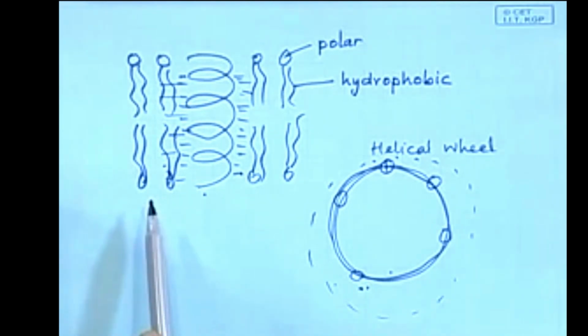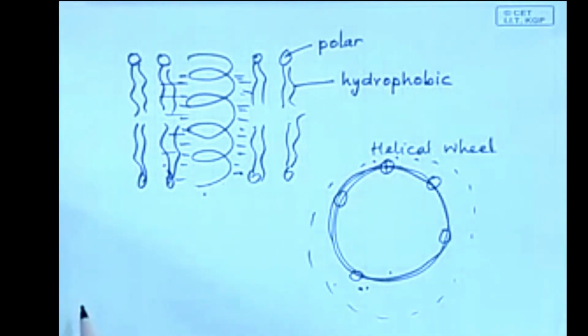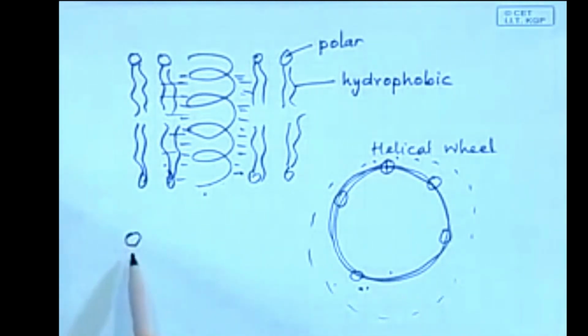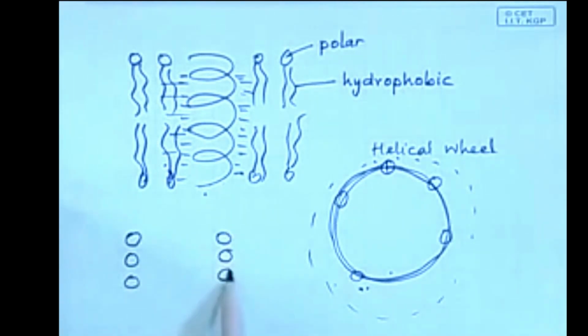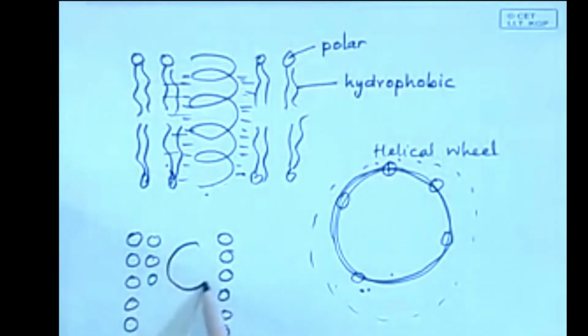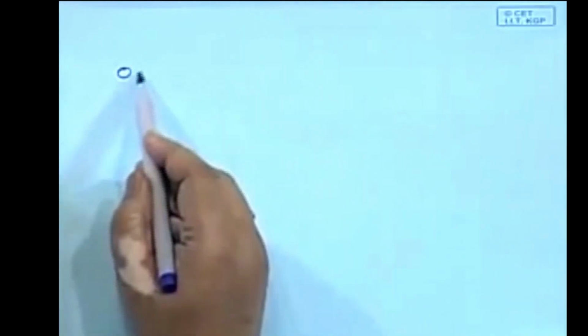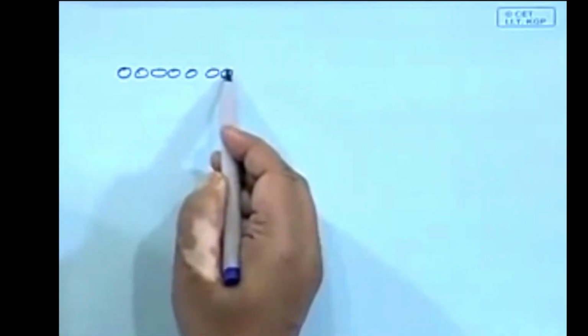Okay? Now if we have it such that I have 4 helices here, say. If I am looking from the top down, these are my polar heads, say. Okay? And I have my helix here. That is also possible, because you have to remember that your surface actually looks like this. If I look at the membrane, it looks like this from the top.